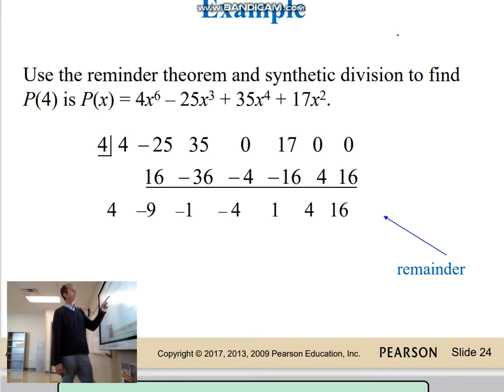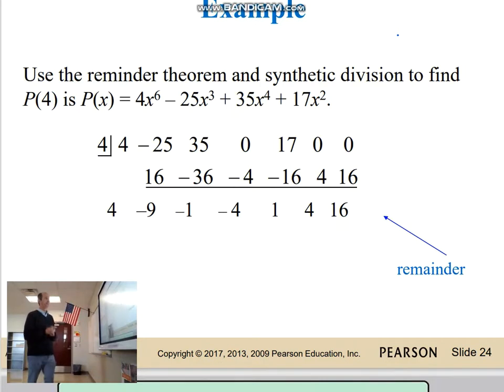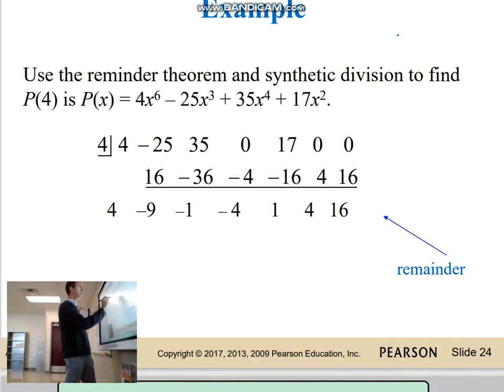4x to the 6 minus 25x cubed plus 35x to the 4 plus 17x squared. Okay? And there's something wrong here, because it's x to the 5, sorry. See? x to the 5, x to the 4, and then x cubed is 0, x squared is 17, x to the 1 is 0, and x to the 0 is 0.